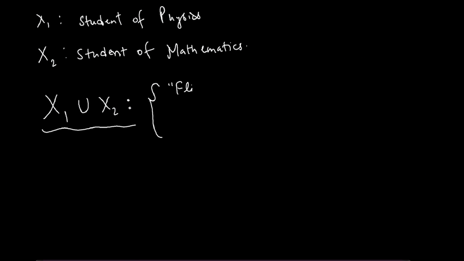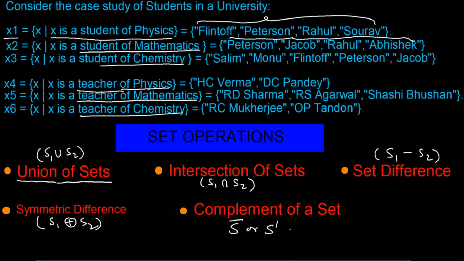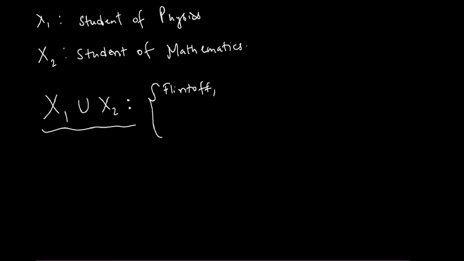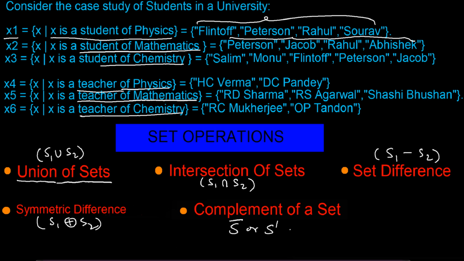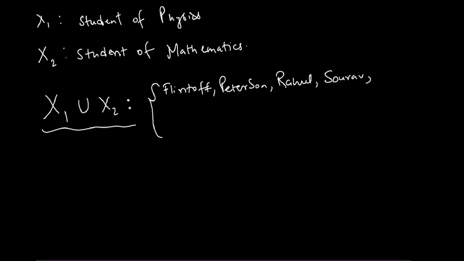It's going to be Flintoff, Peterson, Rahul, Saurabh. I'm not going to use double quotes, it's taking time. What is X2? X2 is the students of mathematics. That is Peterson, Jacob, Rahul, Abhishek.